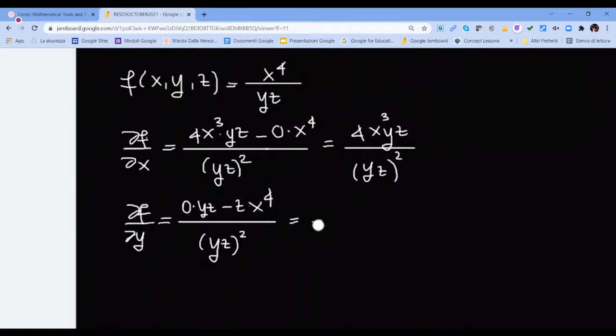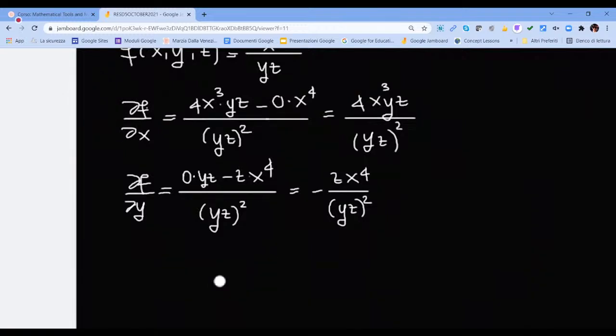That means there is a negative sign before the fraction: x to the 4th over y squared z.